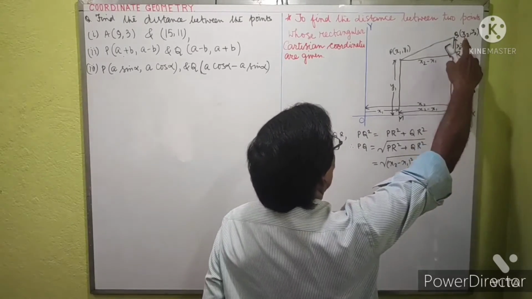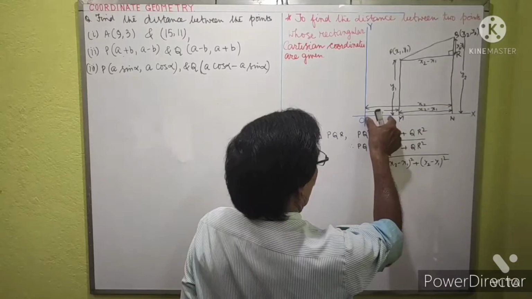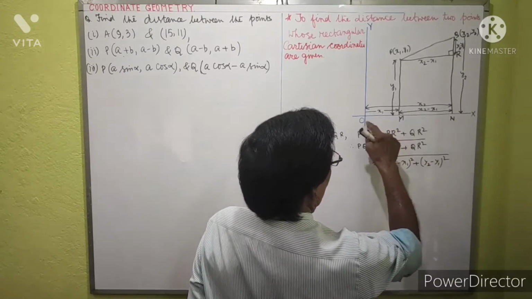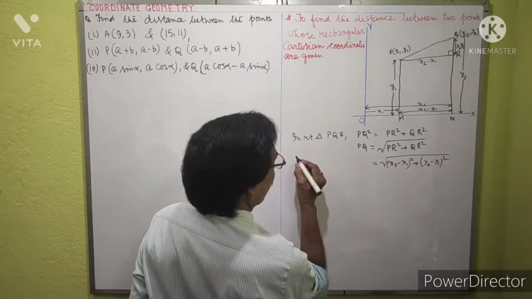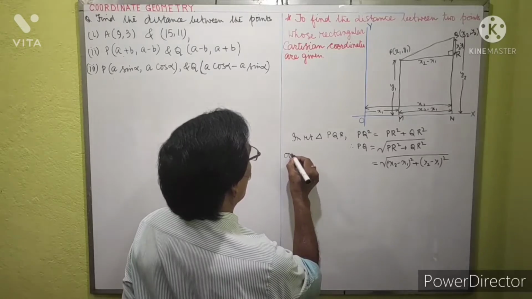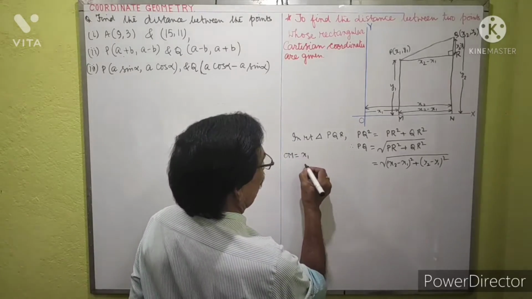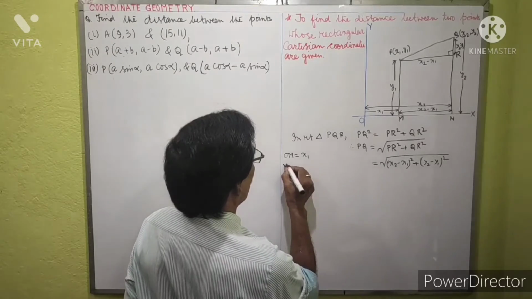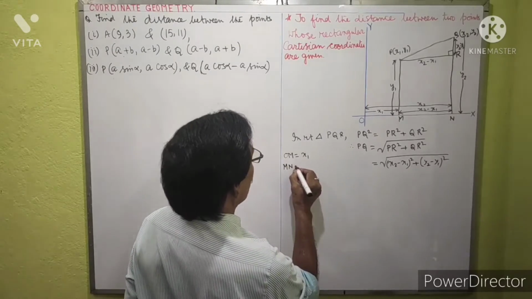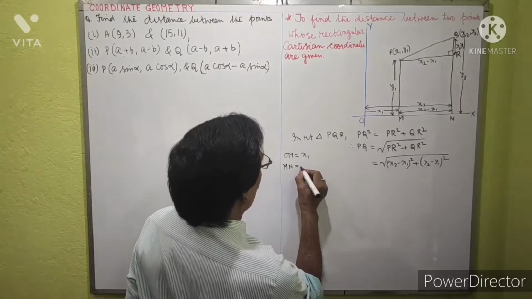P equal to x1 y1, Q equal to x2 y2. This is x2 y2. This is x1, this is QOM. Here it is OM equal to x1 and MN equal to PR.